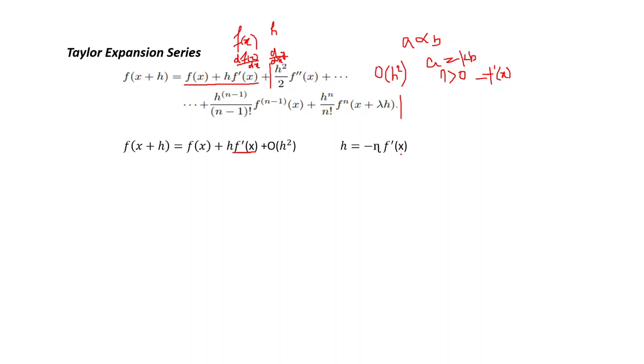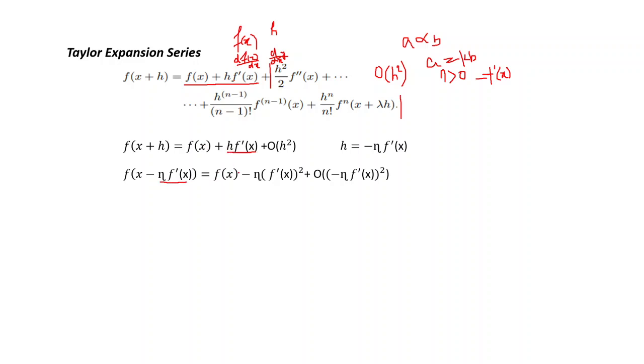Alright. So if we substitute the value of h as minus eta f prime x, we can rewrite the equation as this: x minus, we are considering the left hand side now, eta f prime x equals f x. f x just remains the same.